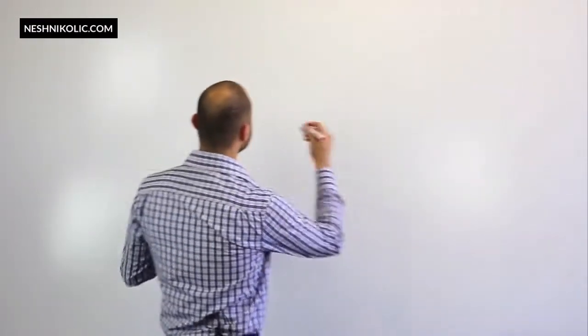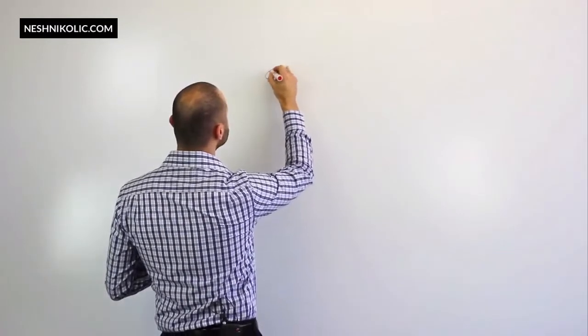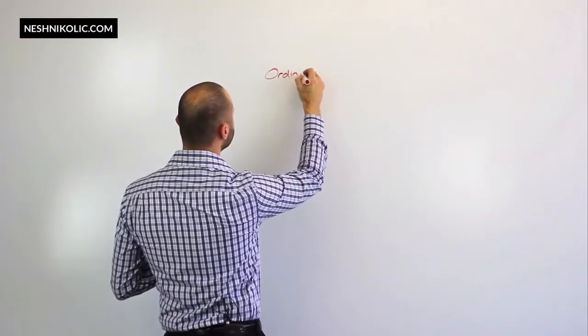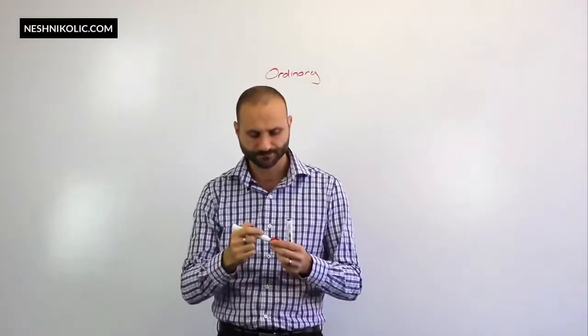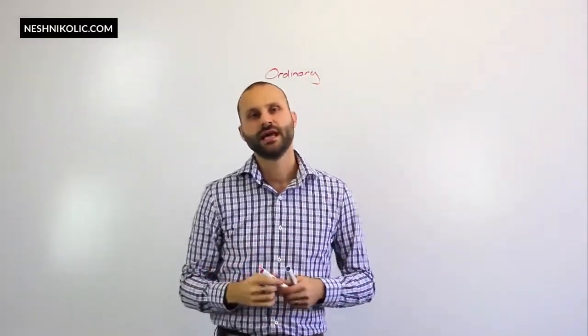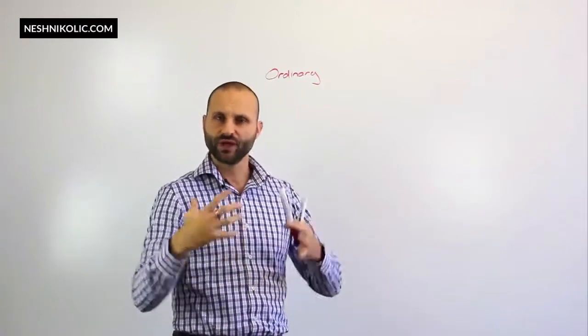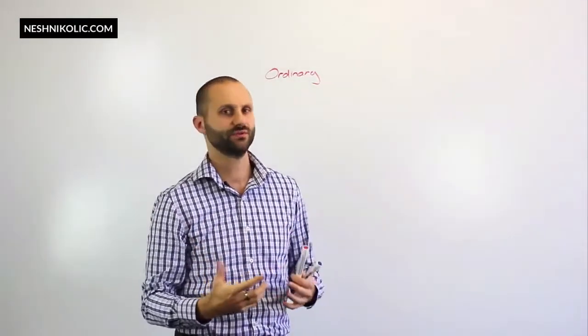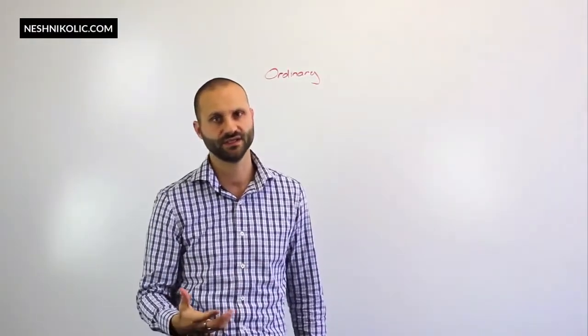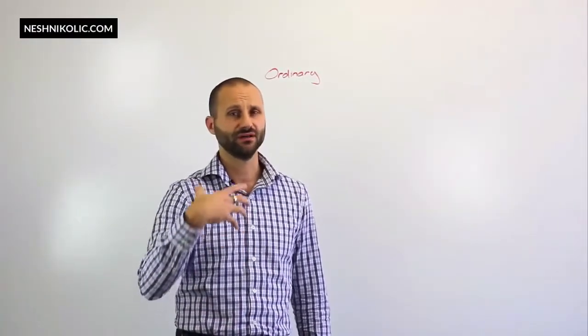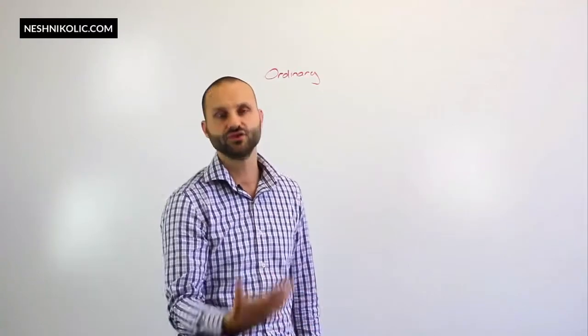So we've got ordinary discomfort, ordinary pain, ordinary suffering. And what's important is that when we work with our clients, we want to be able to identify what type of discomfort they are experiencing, and more so be able to introduce that to our clients.